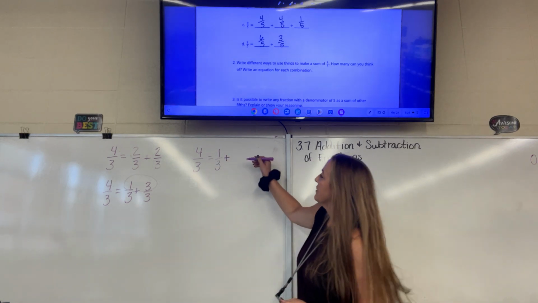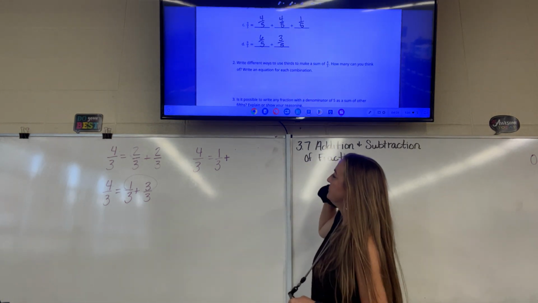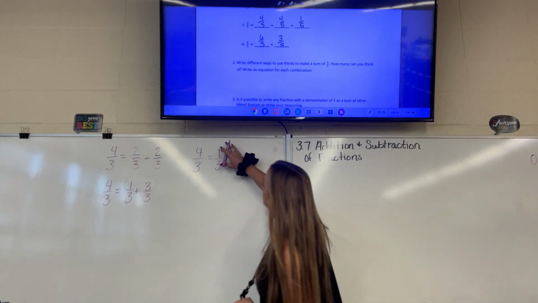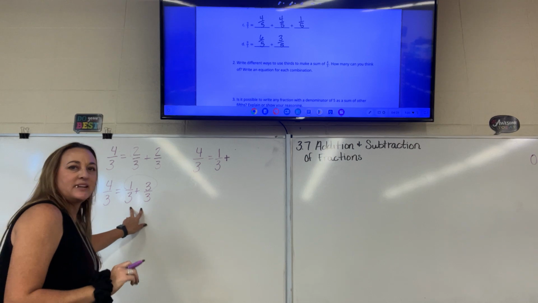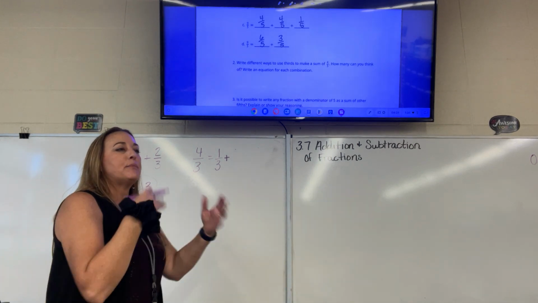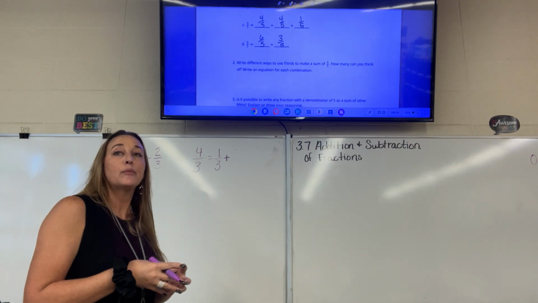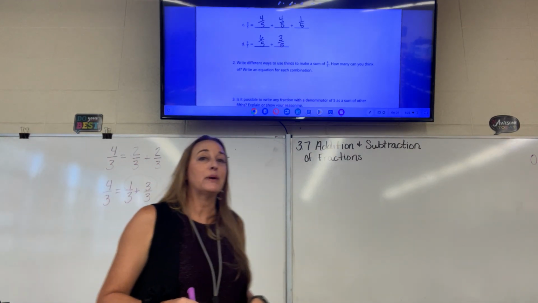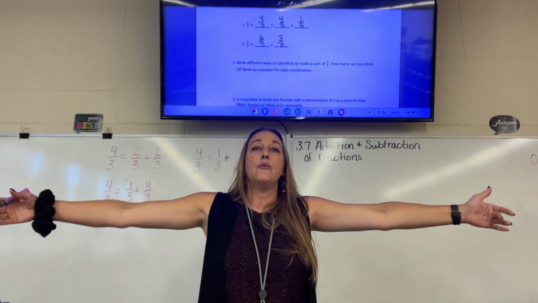Oh, 1/3 plus... wait, can I switch 1/3? 3/3 plus 1/3, we've already got that combination. You can't just flip the numbers. There are different ways to make it. There are more ways to make 4 than just 2 plus 2 and 1 plus 3. You can stretch it out.